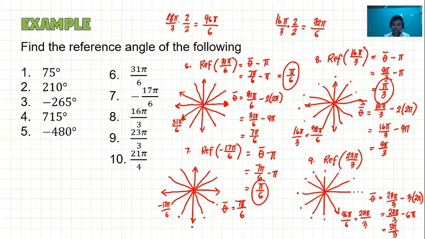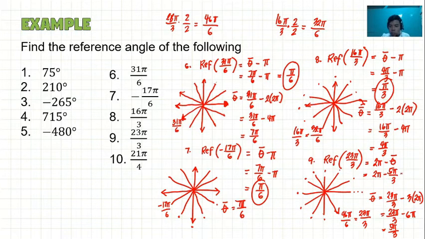And since the angle is located at quadrant 4, our formula will be 2 pi minus theta bar, right? So that is equal to 2 pi minus 5 pi over 3.